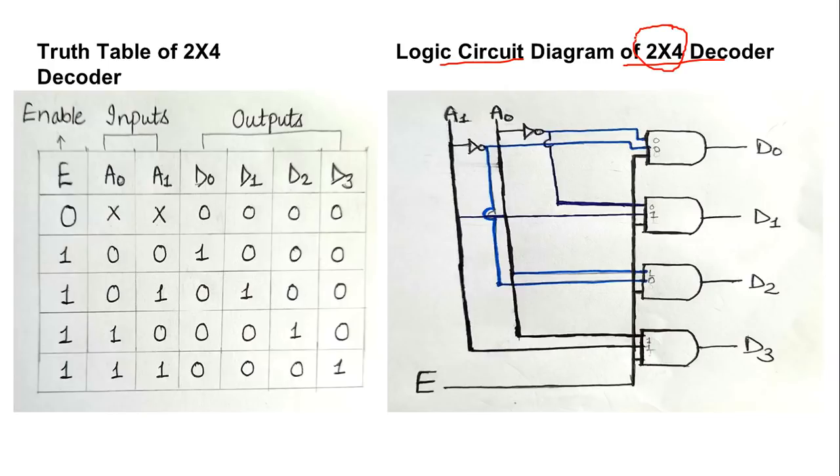You might get a decoder of higher size, like 4 cross 16, 3 cross 8 and so on, and it would be really hard to cram. That's why I have explained the concept with the simplest example of decoder, which is 2 cross 4. So let's understand how we can work with the logic circuit diagram.